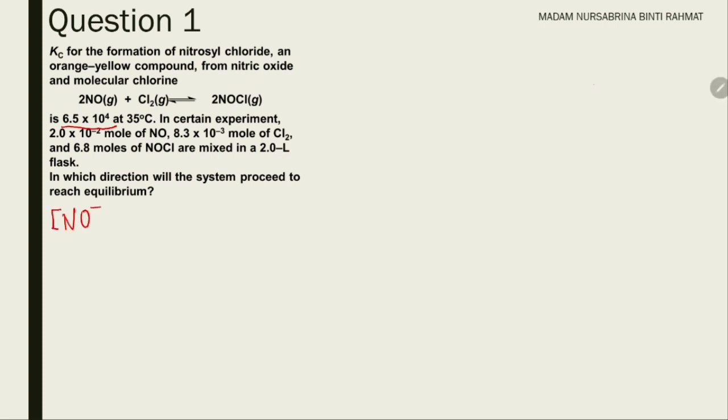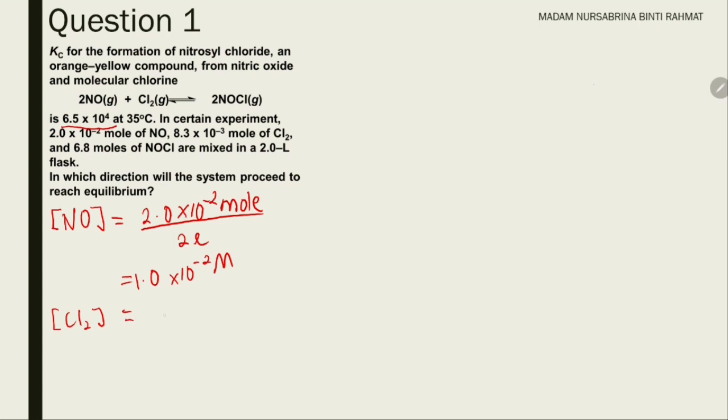So for your NO concentration, the moles given is 2.0 times 10 to the power of negative 2 mole, divided by the volume of the flask, which is 2 liters. And you will get 1.0 times 10 to the power of negative 2 molar. So your Cl2 is 8.3 times 10 to the power of negative 3 mole.